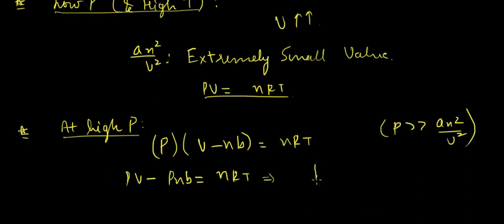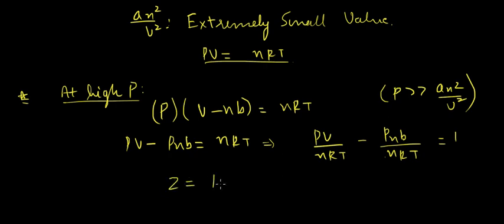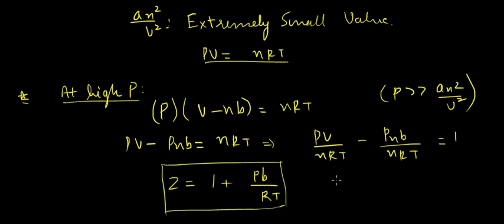So we can write that PV upon nRT minus Pnb upon nRT is equals to 1, or we can write that Z equals to 1 plus Pb upon RT. So this means that Z would be higher than 1.